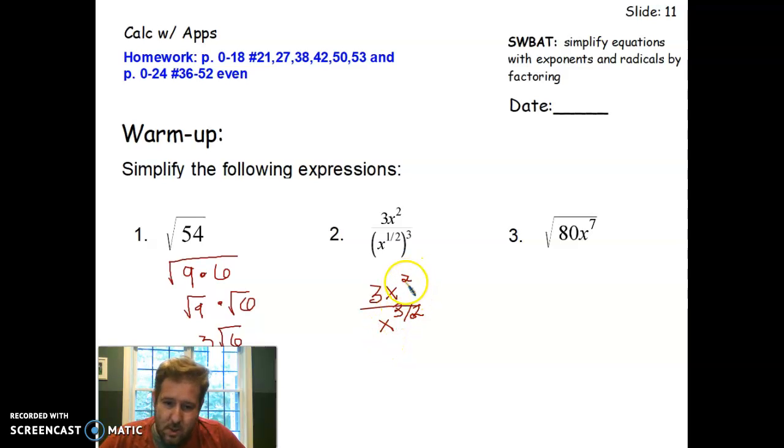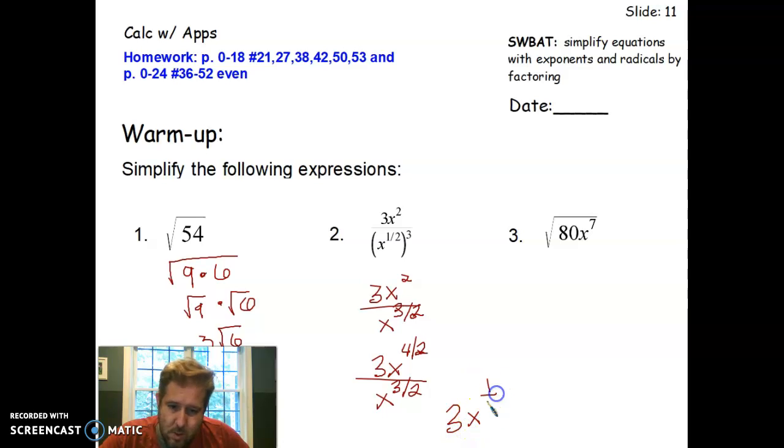So what you get is 2 minus 3/2. Keep in mind that 2, if I turn that into halves, is really 4/2, so 3x to the 4/2, because 4 divided by 2 is 2, same thing. And that just makes it easier to subtract. So 4/2 minus 3/2 is 1/2. So we have 3x to the 1/2.